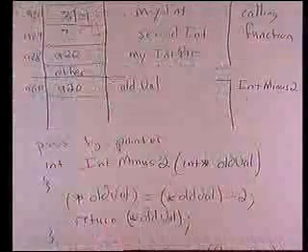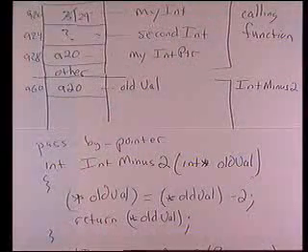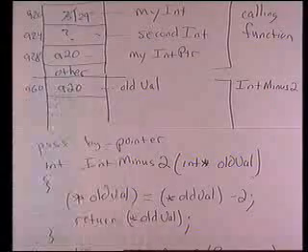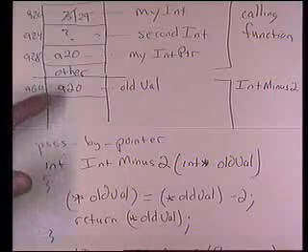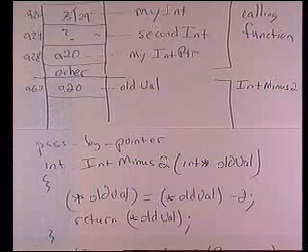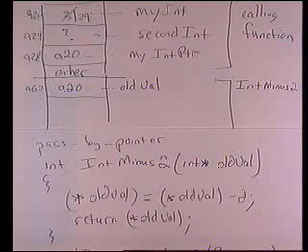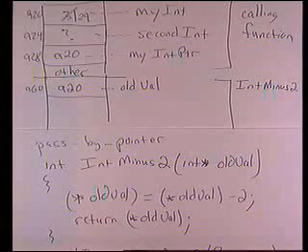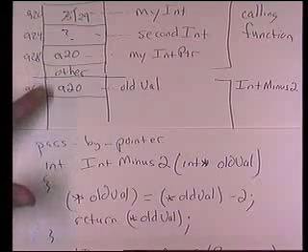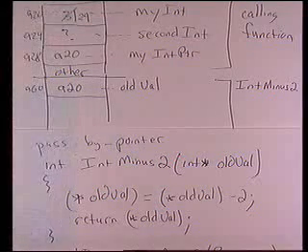Not down here. This is part of this local function just as much as old val was part of the local function int minus 1 in the last example. The difference here is because we're storing the address of a prior value rather than copying the prior value itself, now we can use that address to jump over to that prior value and change it.